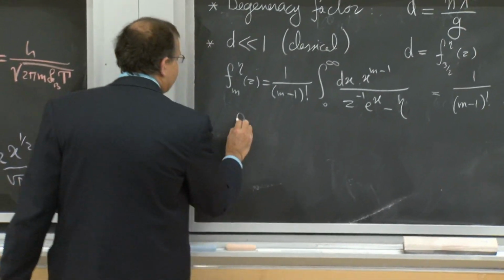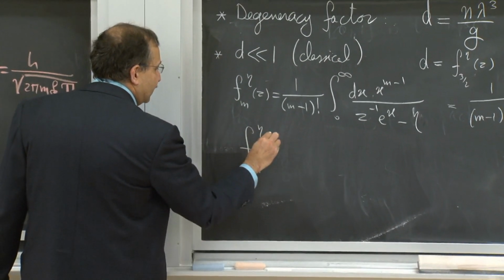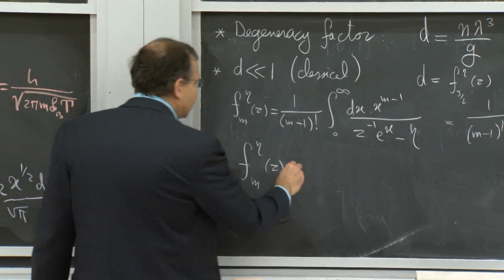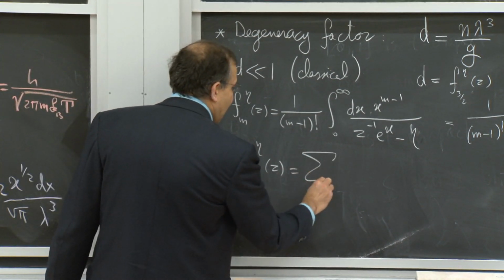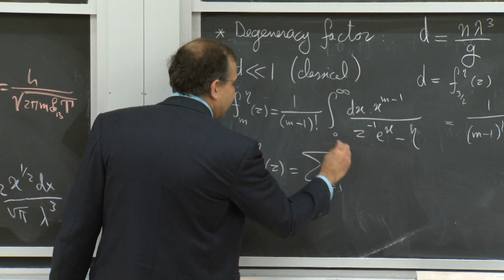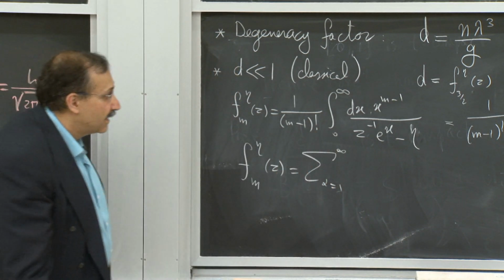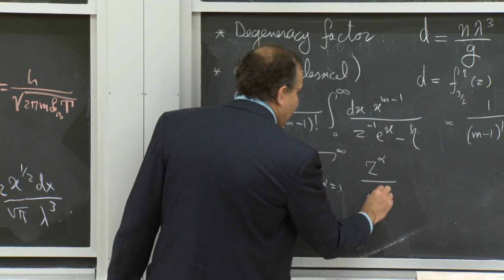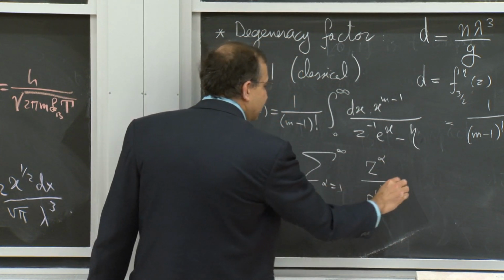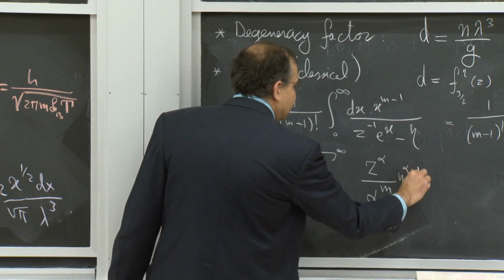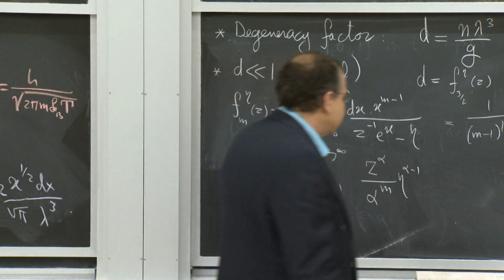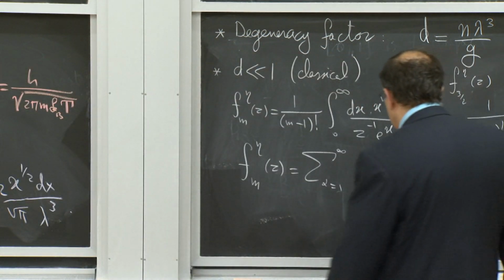We have that f_m eta of z has a power series representation, alpha running from 1 to infinity, z to the alpha divided by alpha to the m. It's an alternating series that starts with plus and then becomes minus, etc. So if I were to explicitly write this, you will see how nice it is.